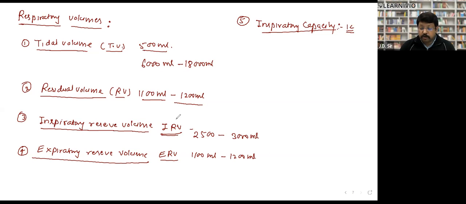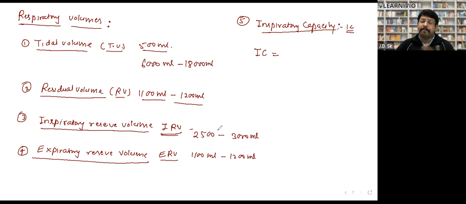IC is the total volume of air a person can inspire after a normal expiration. Please note it down. Total amount of air a person can inspire after a normal expiration.